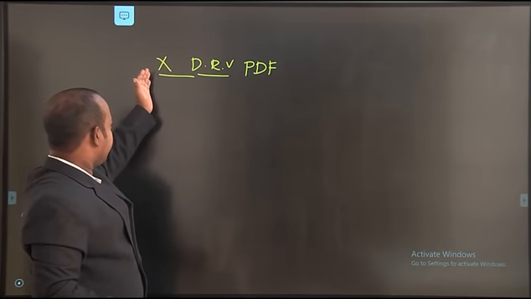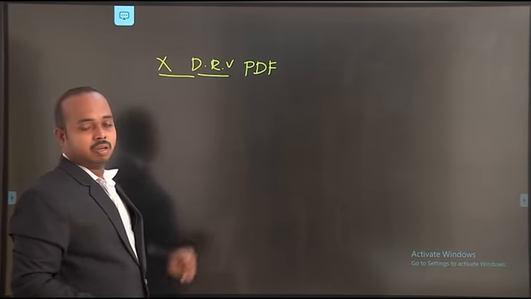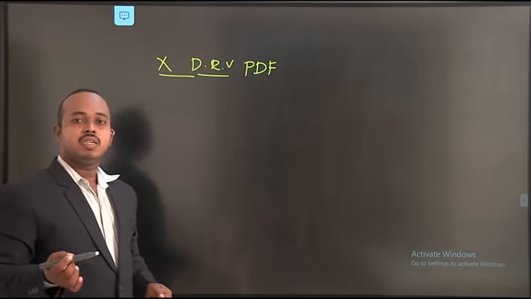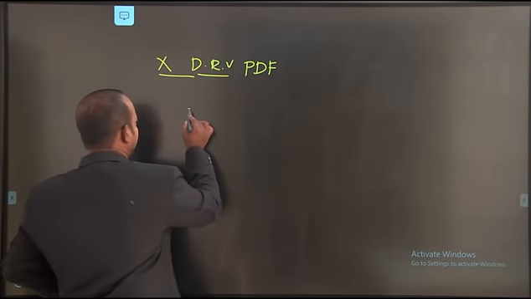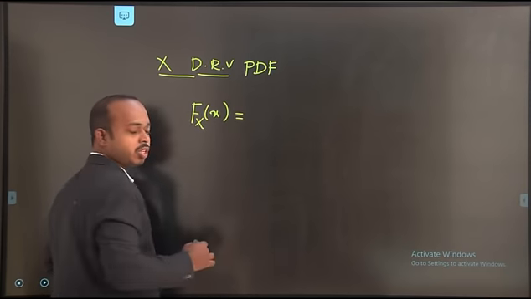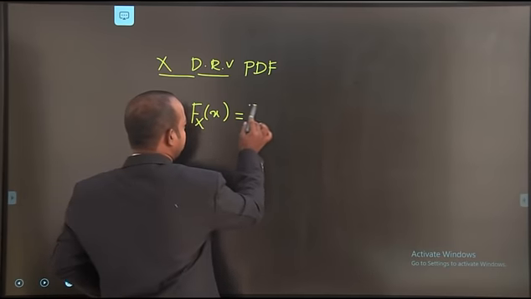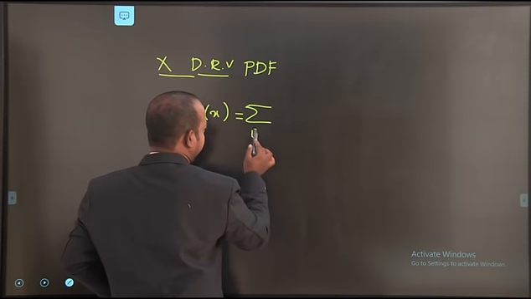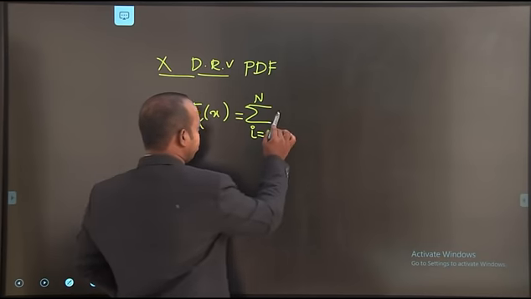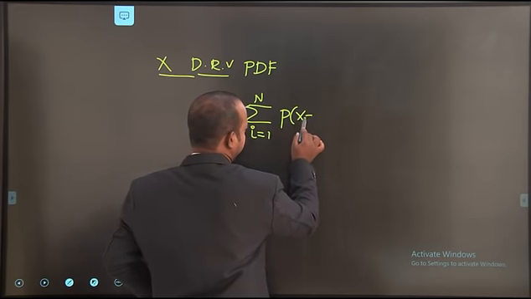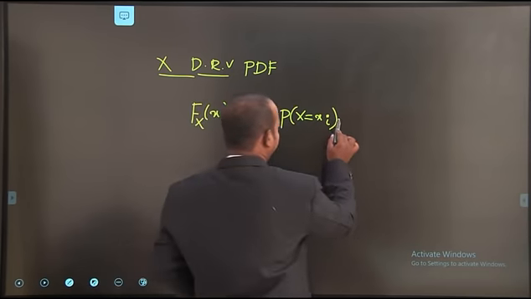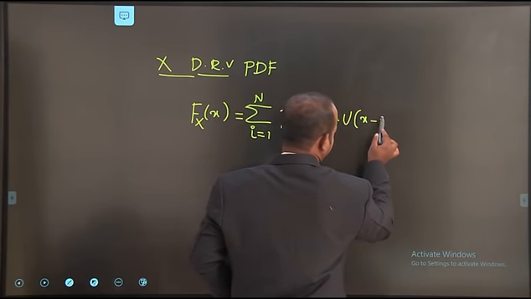When I have taken a discrete random variable, the probability distribution function we define as capital Fx of x is equal to the summation, i is equal to 1 to n, of probability of x is equal to xi, into u of x minus xi.